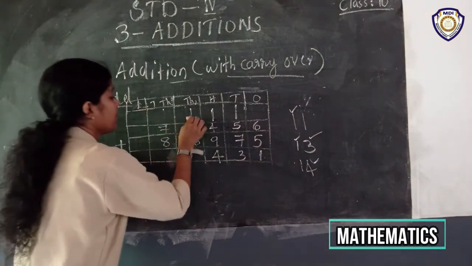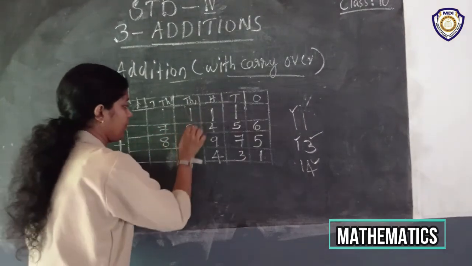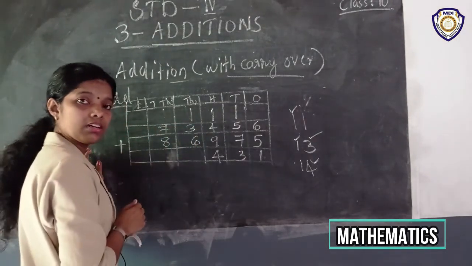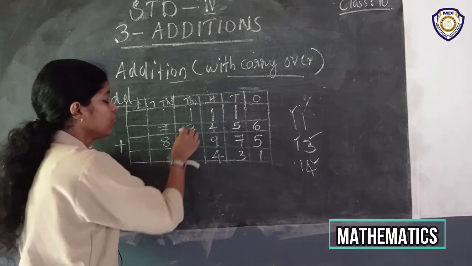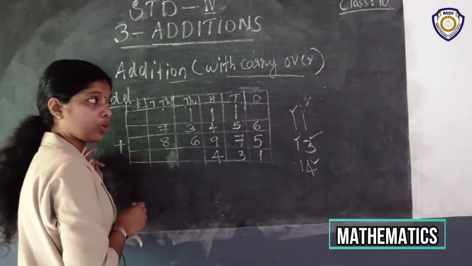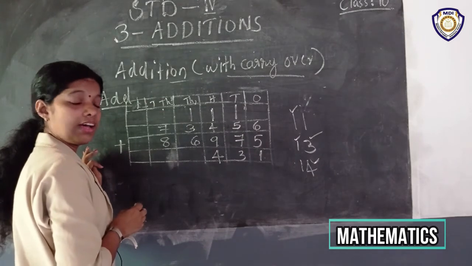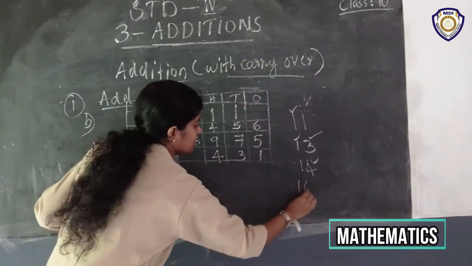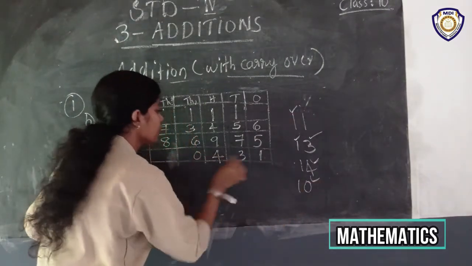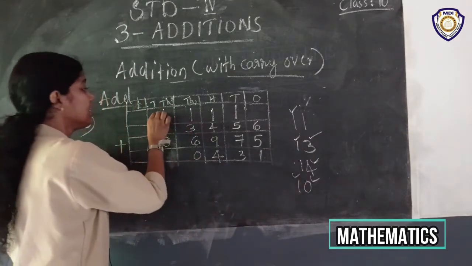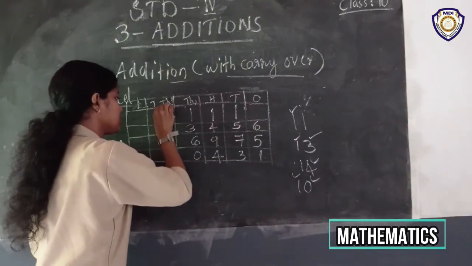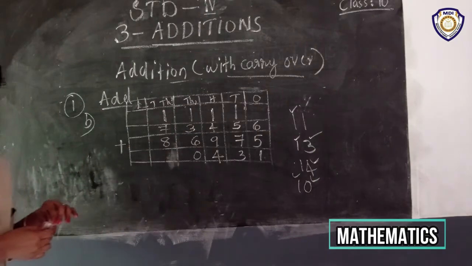Then 1 plus 3, 4. 4 plus 6, 10. Then write 0 here. 1 is carried to the 10,000s place.